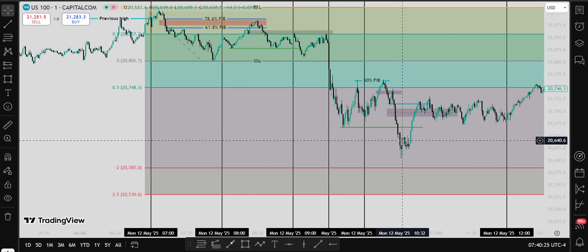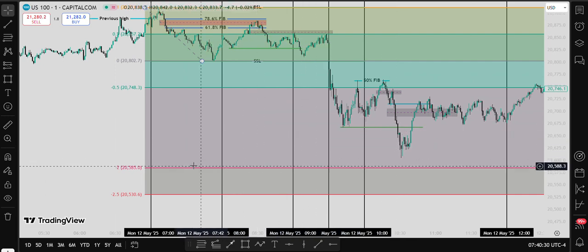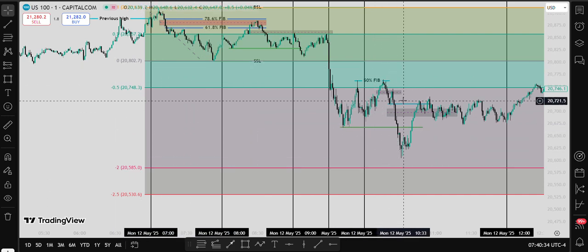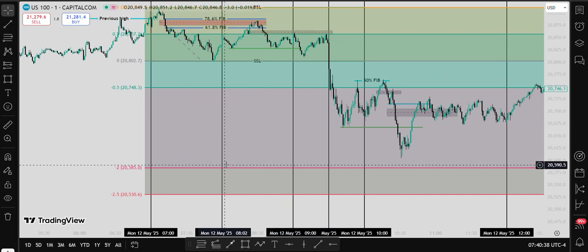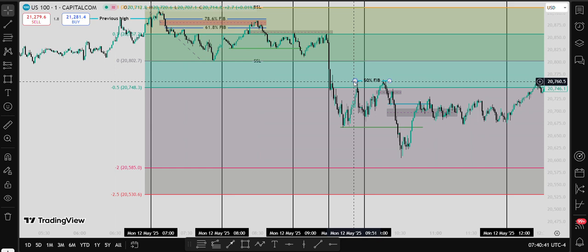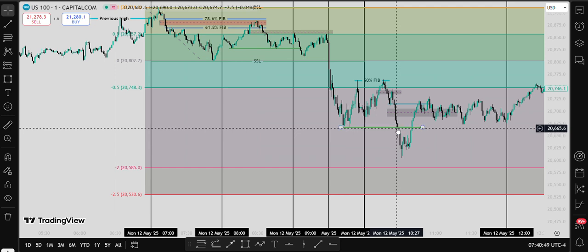So I believe that if you are targeting negative 2 standard deviation with a trailing stop, right, let's say if you entered right here and you are targeting right here, once this high was created and was taken out by this one, then let's say you scaled in more, it means 80% of your profits would have been closed at this area, and you left like 20% with a trailing stop.